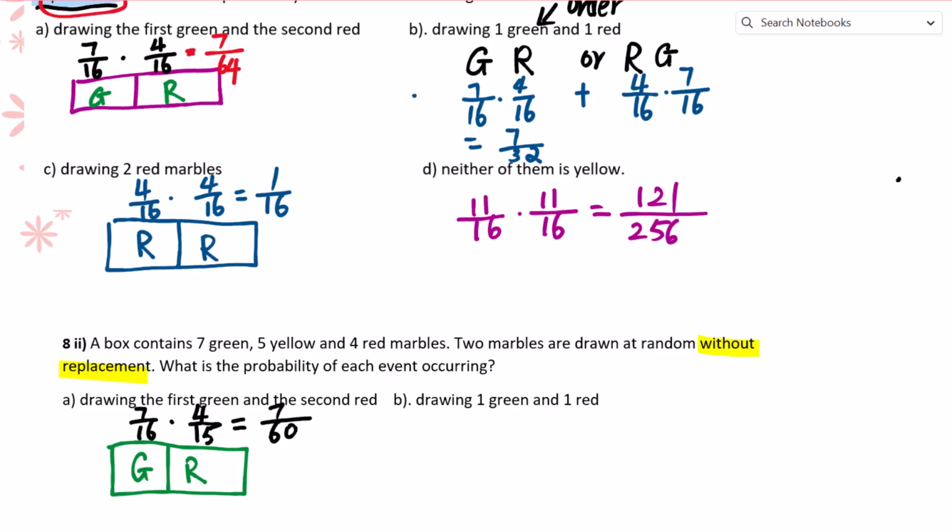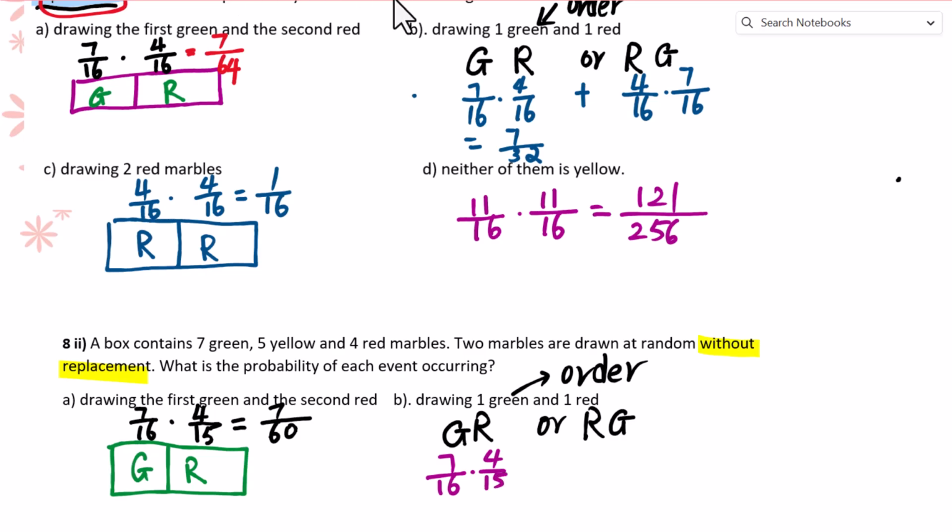B. Drawing one green and one red. Still, you need to consider the order. Could be first green, second red, or the first red, second green. Green red is 7 over 16 times 4 over 15.